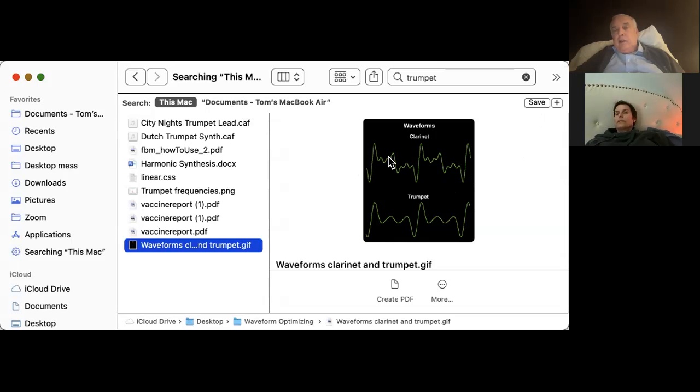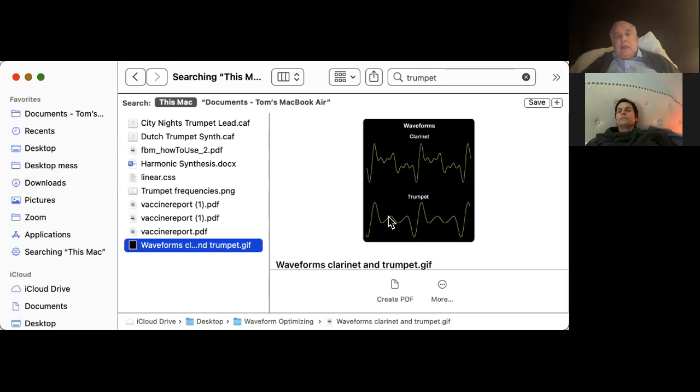The clarinet has a lot more going on in here. This is more smooth here. So the harmonic content of the clarinet is different than the harmonic content of the trumpet.